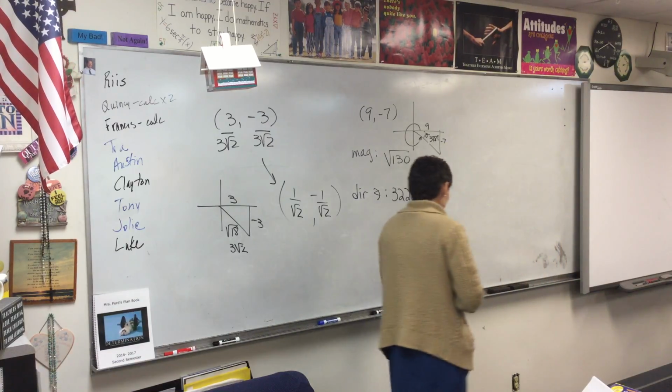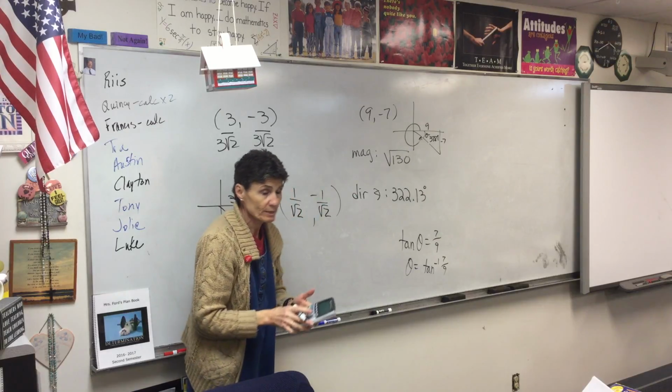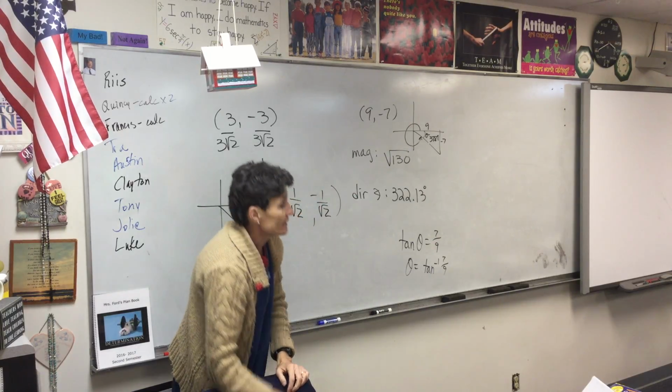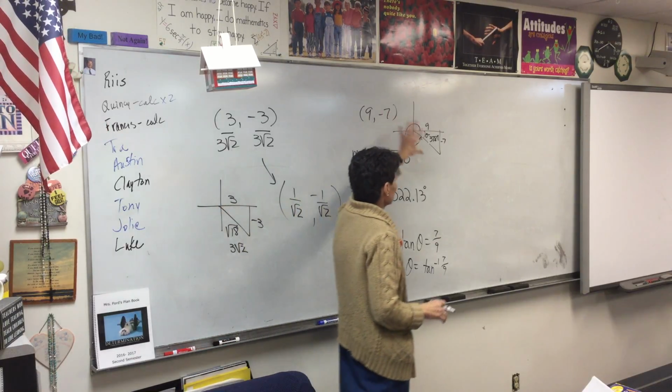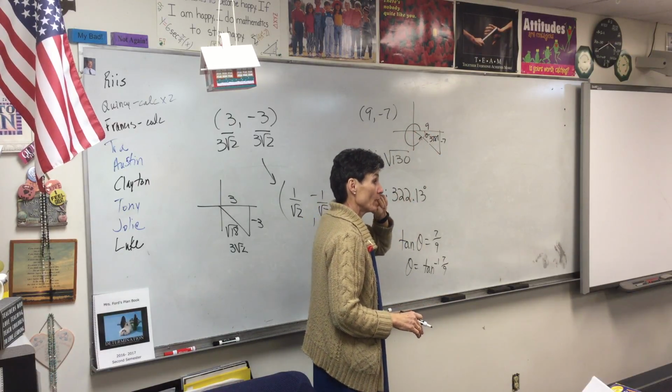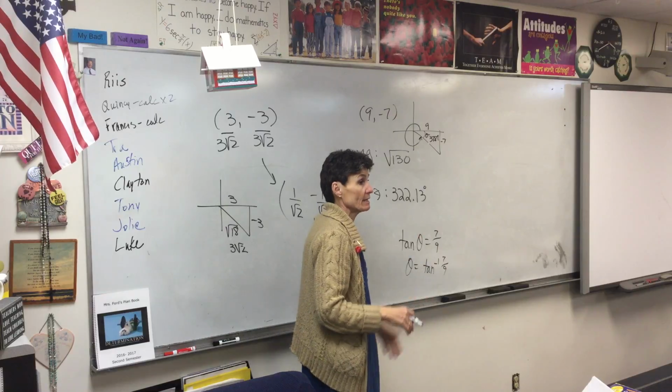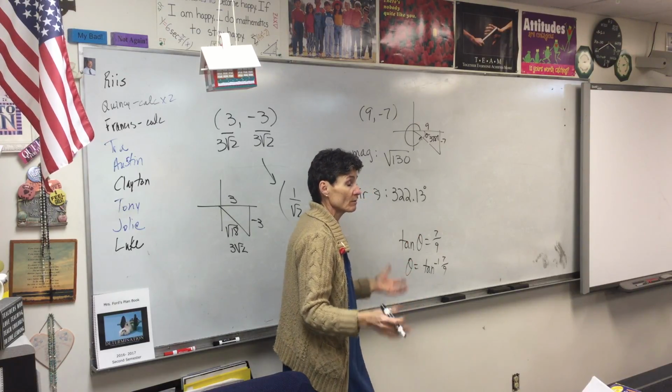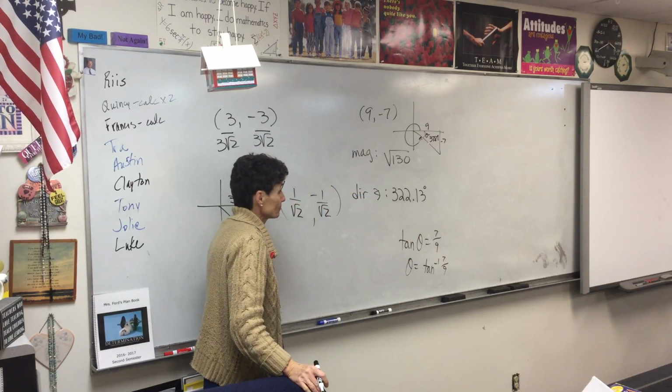Now, am I always going to be subtracting from 360? No, it depends where your picture is drawn. Sometimes we subtract from 180, sometimes we add 180. It just depends where the picture is.